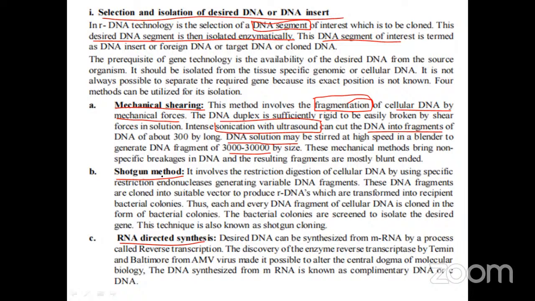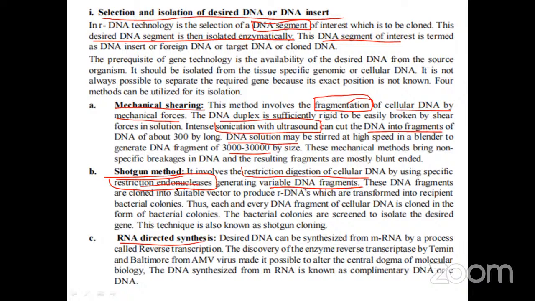And the shotgun method. The shotgun method involves enzymatic restriction digestion of cellular DNA using specific restriction endonucleases. When we treat with the endonuclease enzyme, we can get variable DNA fragments.